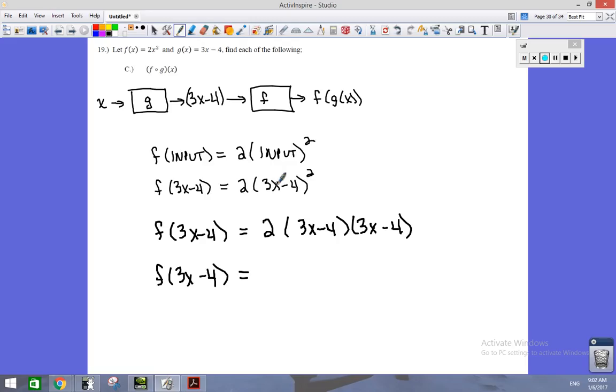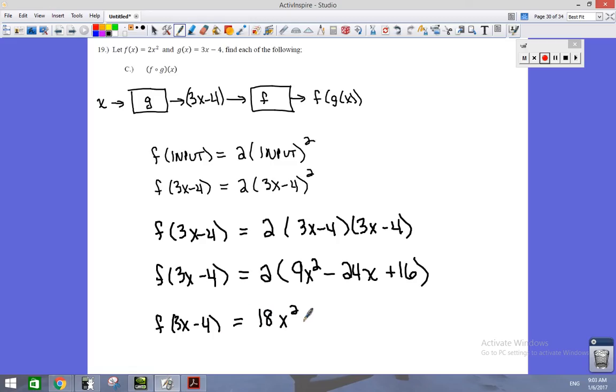But doing this exponent first, squaring this binomial first, I get 9x squared minus 24x plus 16. Now if I double all of those terms, that'll be my output. So 18x squared minus 48x plus 32, and there's my final answer.